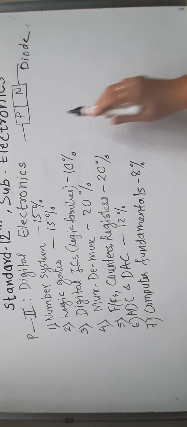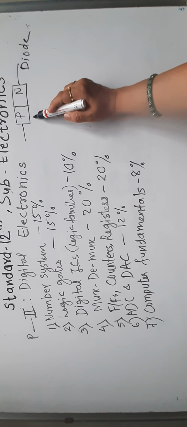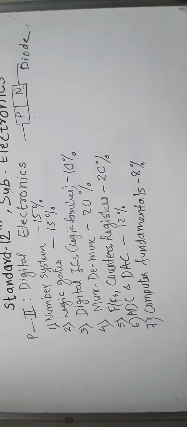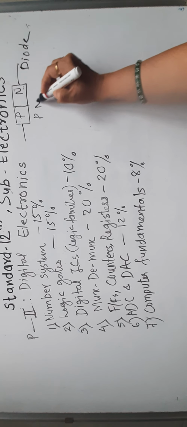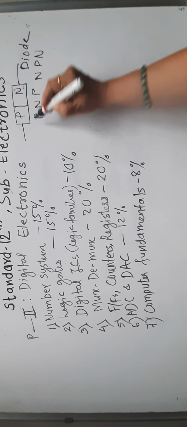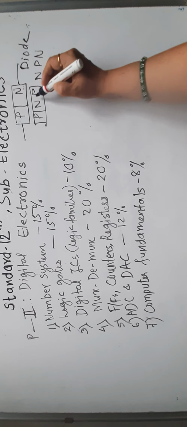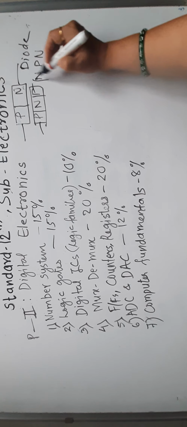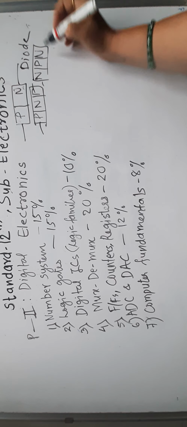Now we use 2 same type of semiconductor and 1 different type of semiconductor, that is PNP or NPN. If we form such a structure, then we call it a transistor.